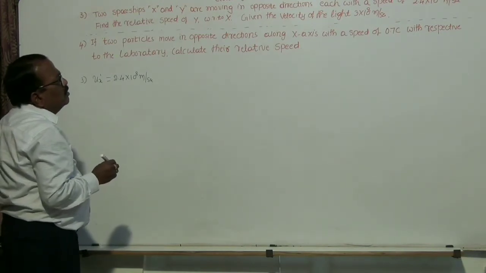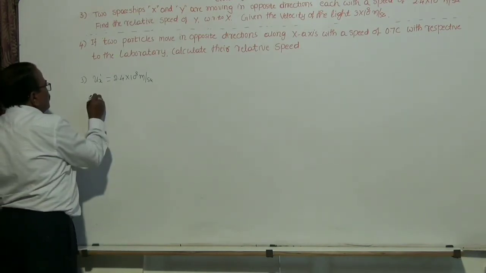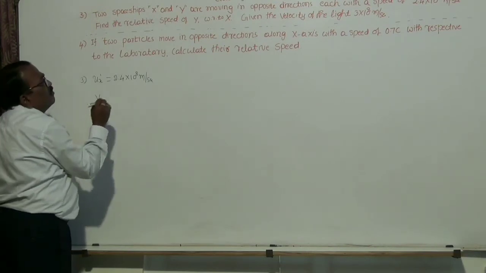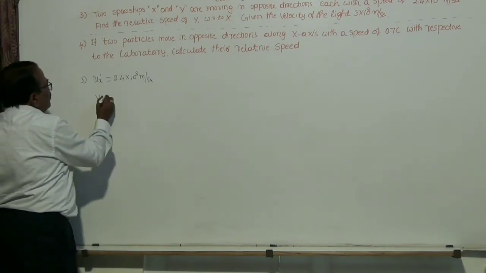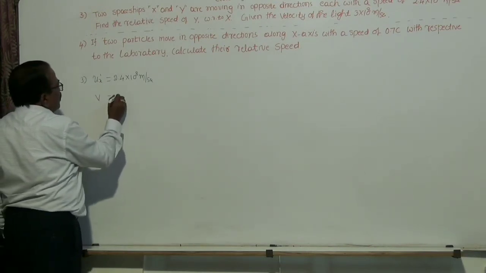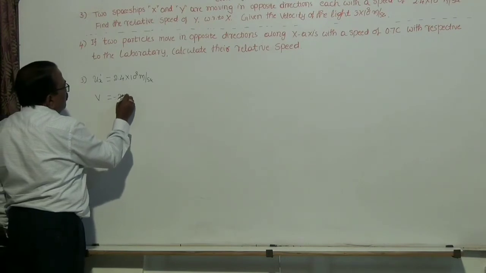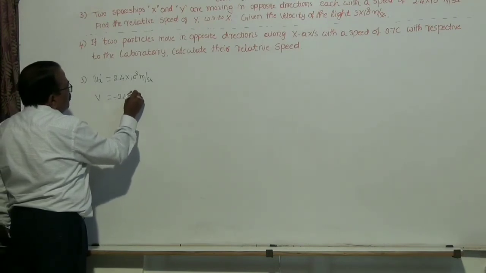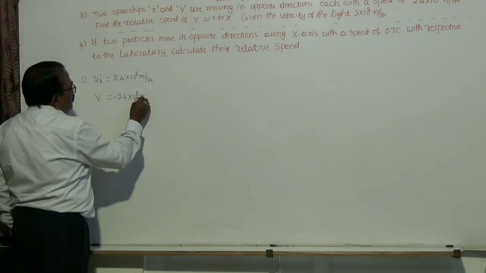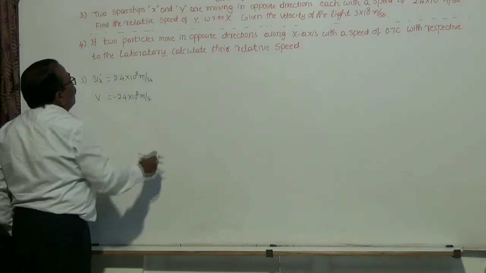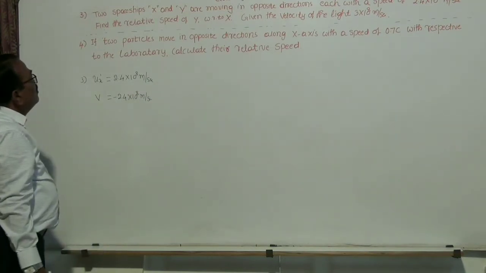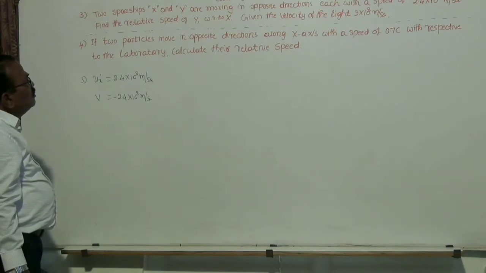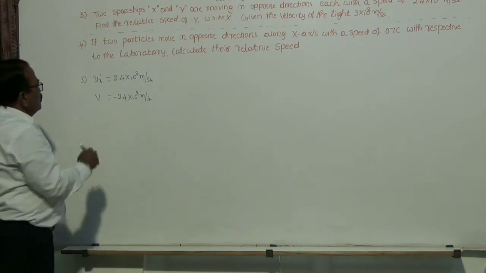Then V is, because they are moving in the opposite direction, minus 2.4 into 10 raised to 8 meter per second. Find the relative speed of y with respect to x.